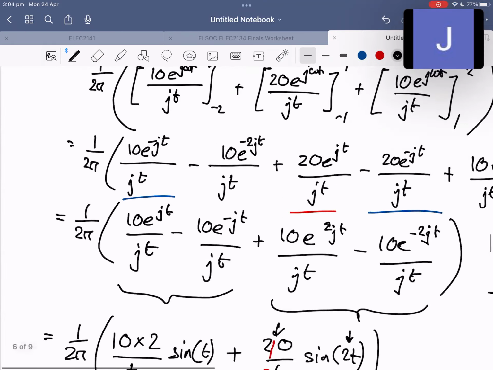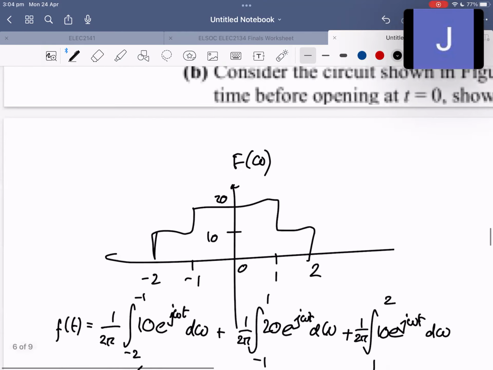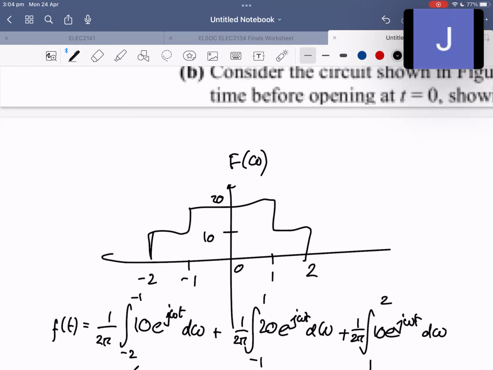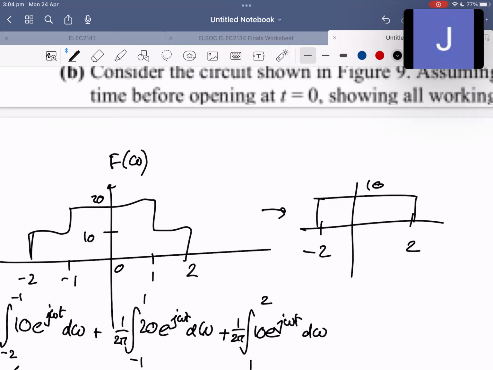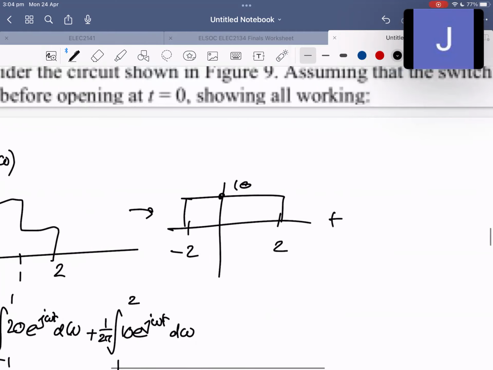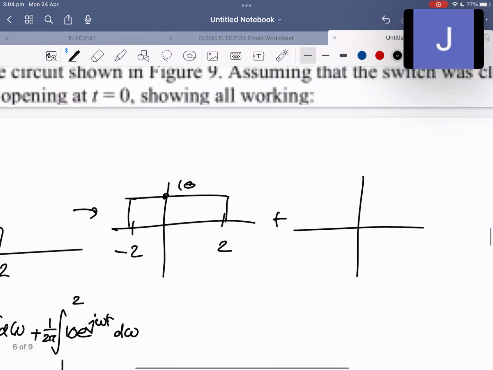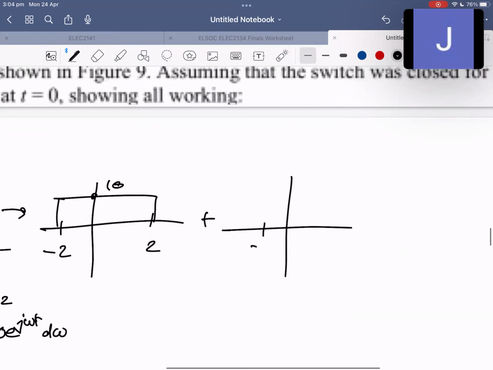So if we look at our function here, our 2 intervals are -2 and 2. So you can write this as the sum of 2 functions. We've got the rect function between -2 and 2, and the rect function between -1 and 1, where the value here is also 10, right?